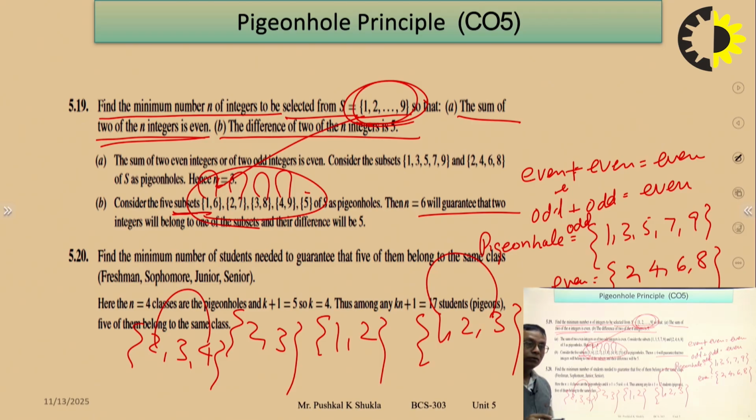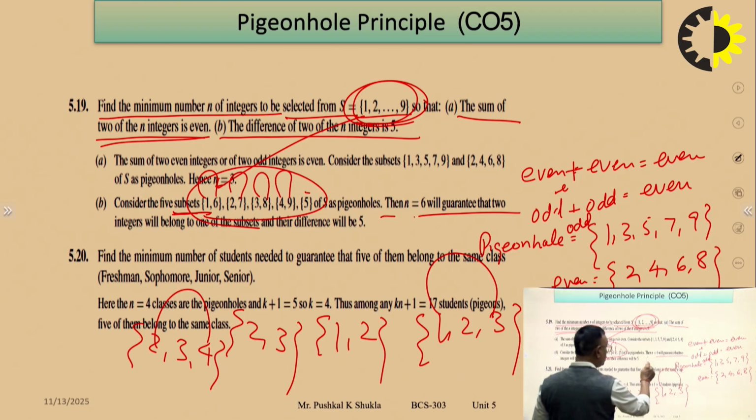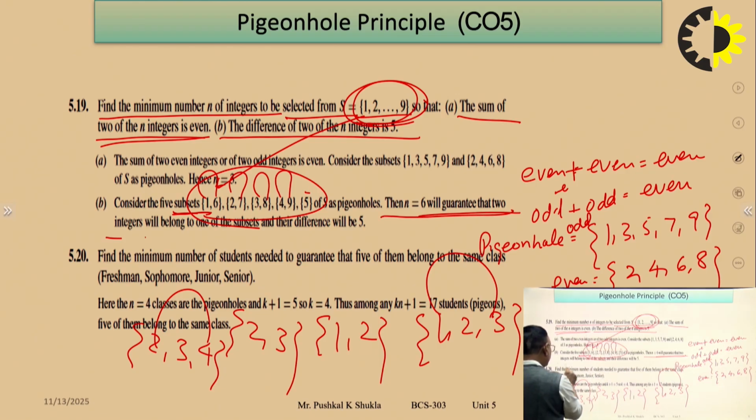If n pigeonholes are there, then n plus 1 pigeons ensure that 2 or more will occupy the same pigeonhole. It means 6 guarantees that 2 integers will belong to one subset and their difference will be 5.